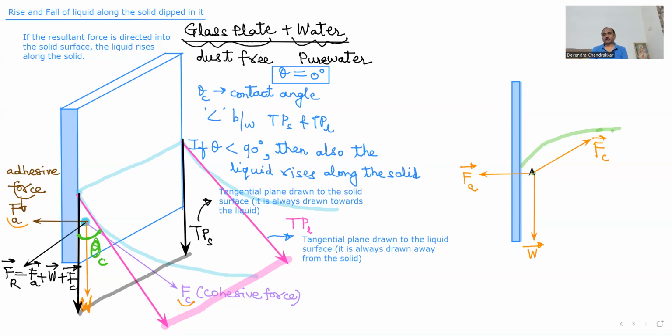Now, here the resultant force is directed towards the liquid.